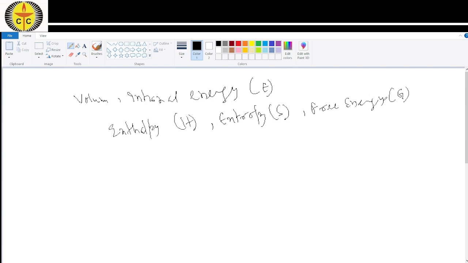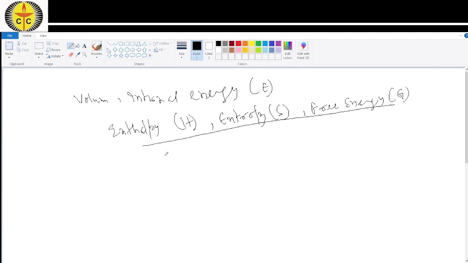So these are the state functions or state variables, because these properties depend upon the initial and final value of the property. So remember, other properties are there which are not state functions. They depend upon the path, the manner in which it is brought about.